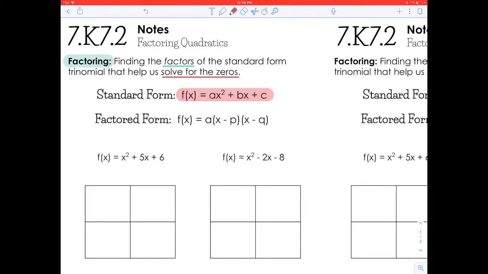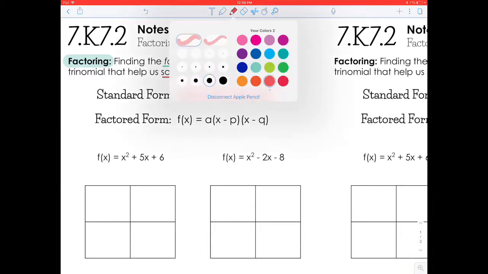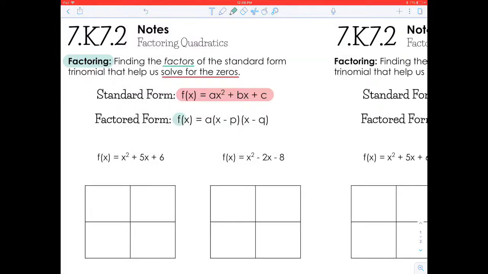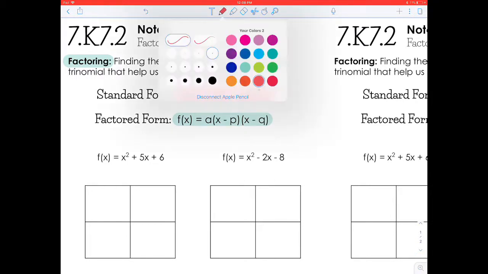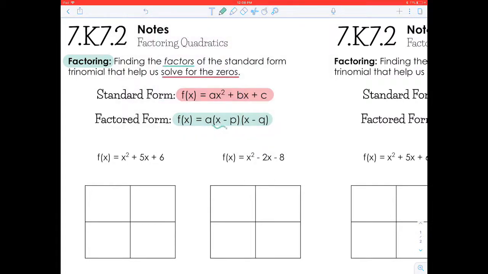factored form is made up of two binomials multiplied together here. That ax minus p here, and then this x minus q, that is a binomial times a binomial.